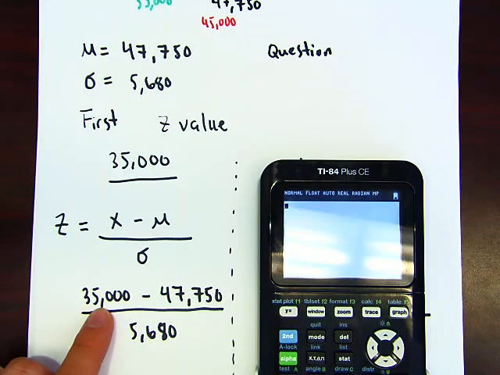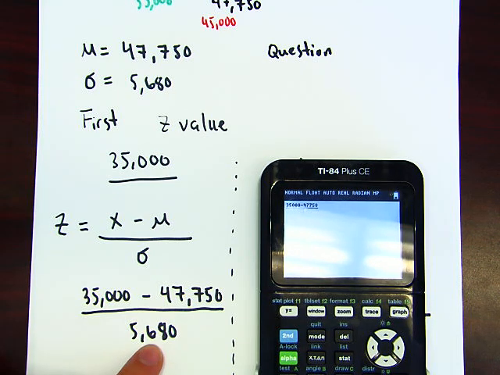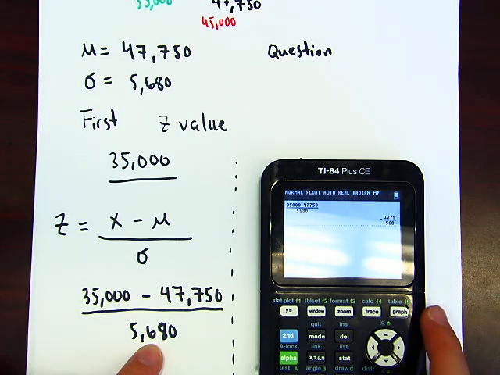And let's just put this into the calculator. So here, make a fraction, 35,000 minus 47,750 divided by 5,680, and it gave me this. I don't want a fraction, I want a decimal.